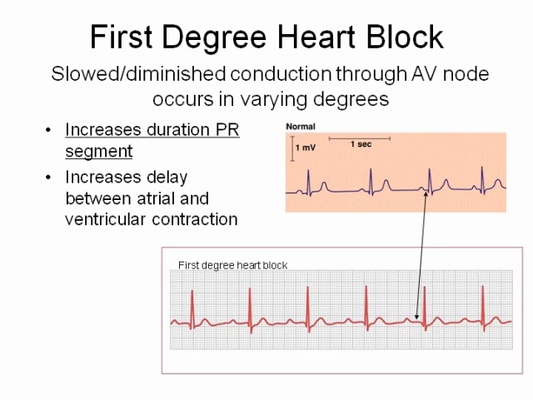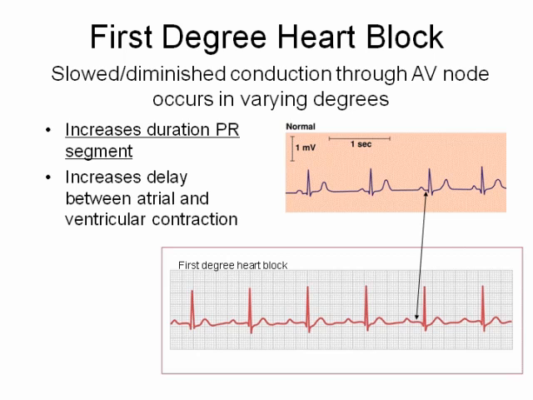So it's taking more time for this depolarization that starts in the P wave to get through and depolarize the ventricle. This is called first-degree heart block, and it is simply slowing conduction through the AV node. It increases the duration of the PR segment. It itself is not particularly pathological.